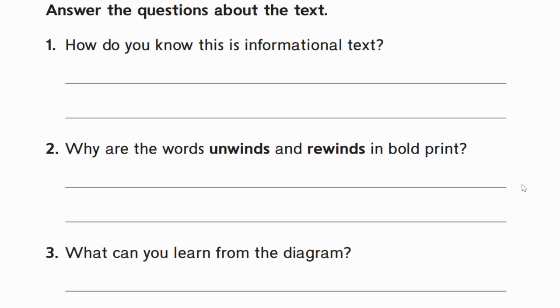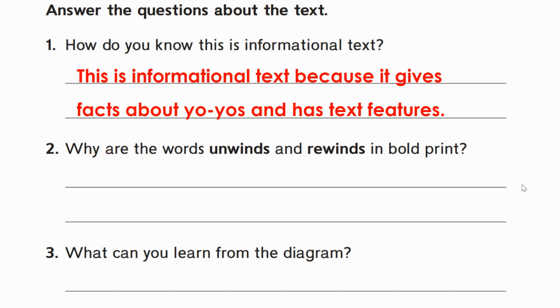Yeah, it did, about yo-yos. Did this text have text features? Yes, it did. So this is informational text because it gives facts about yo-yos and has text features. Go ahead and pause now as you write in your answer for number 1.